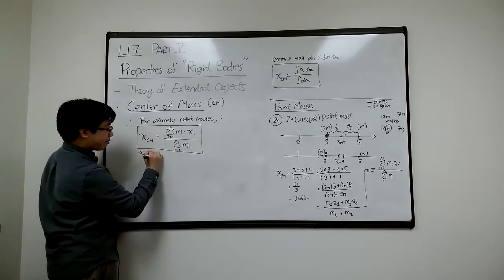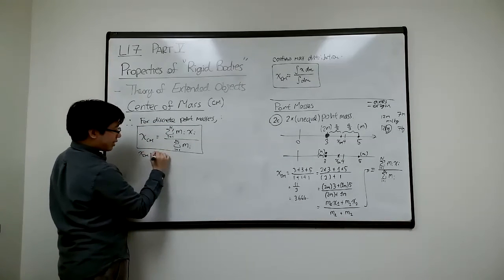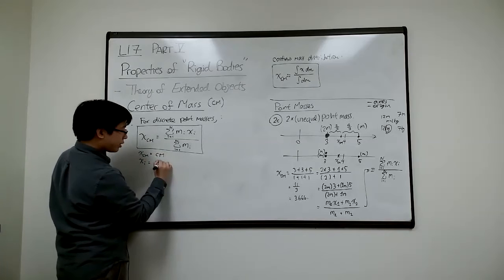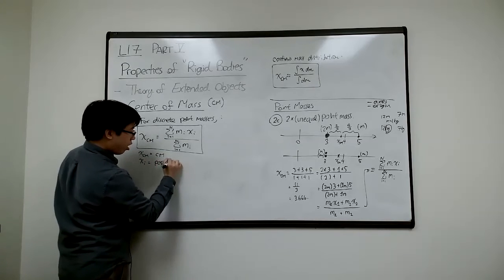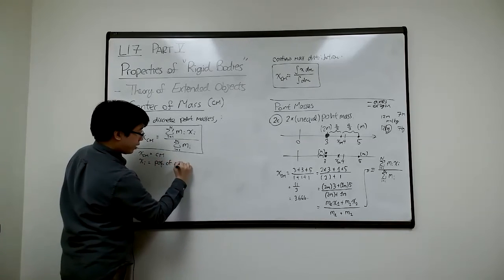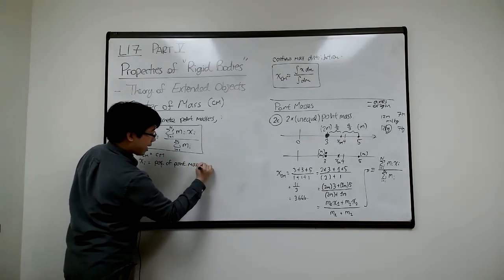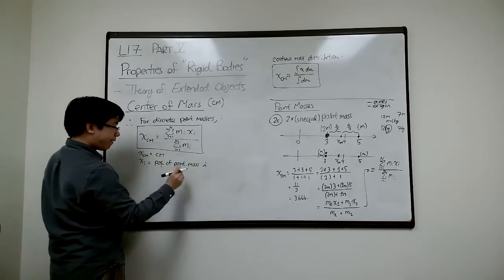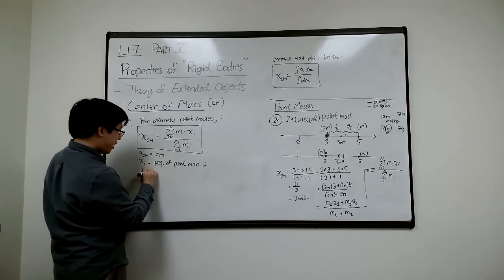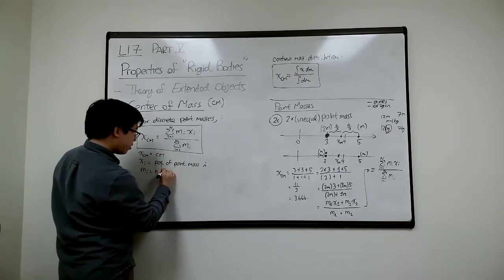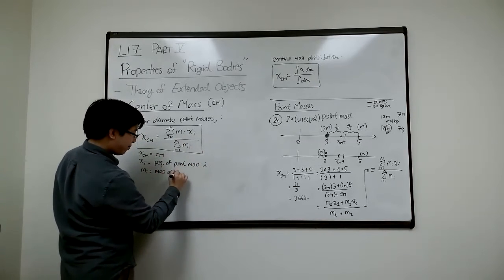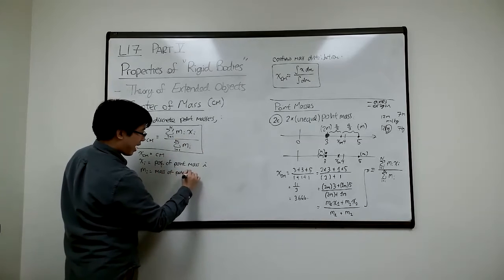So more formally, x_cm is the center of mass. x_i is the position of point mass i, so the ith point mass, if you want. And m_i is the mass of the ith point mass, or point mass i.